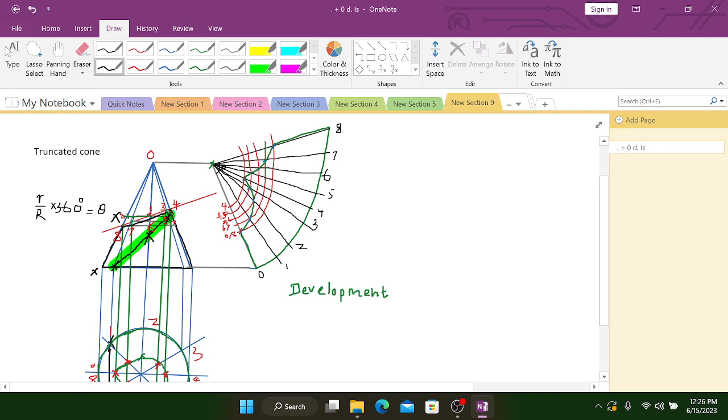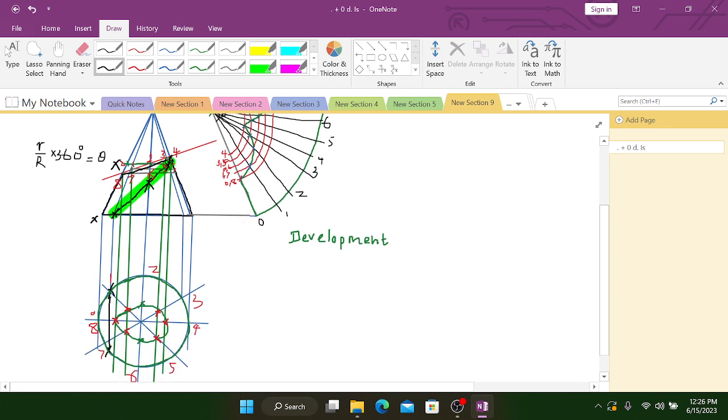So I want to get those lines directly downwards.